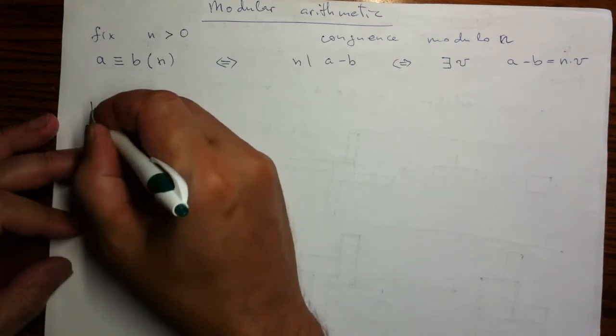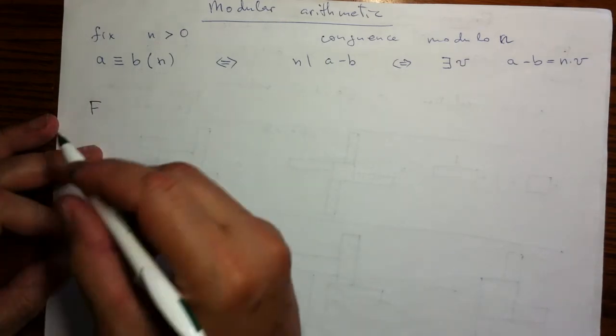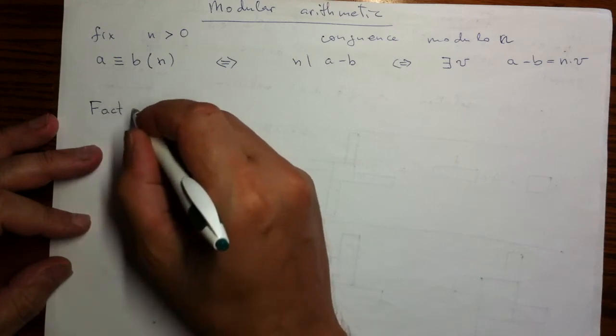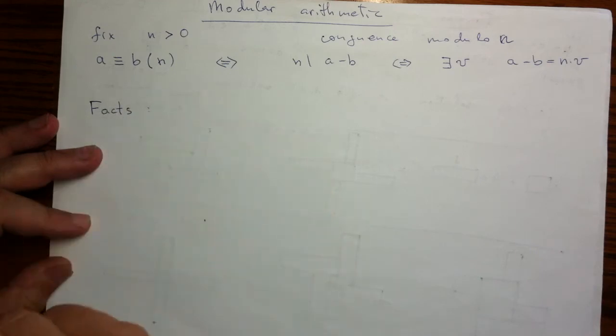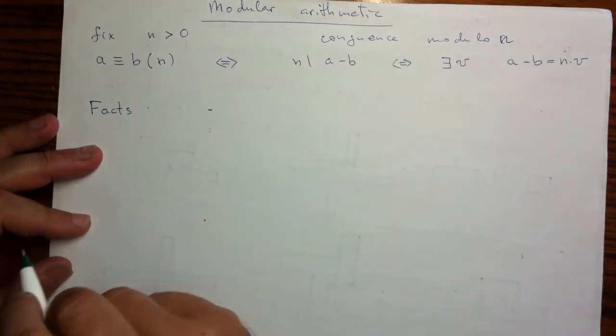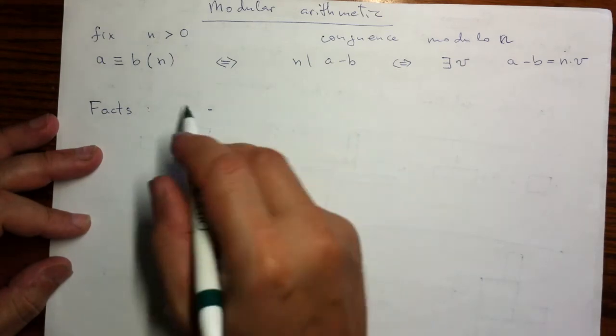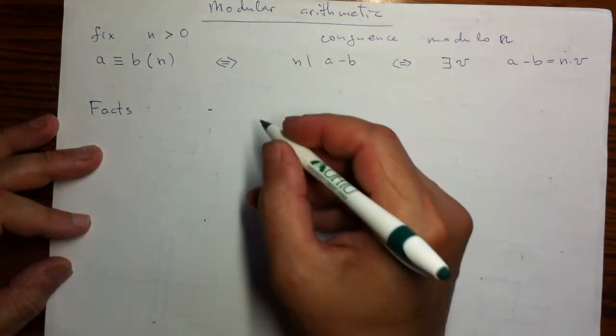The basis of modular arithmetic is these facts, which have to be checked using the definition. So the very first fact, the zero level fact, is that this congruence is an equivalence relation.